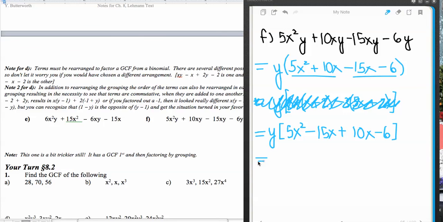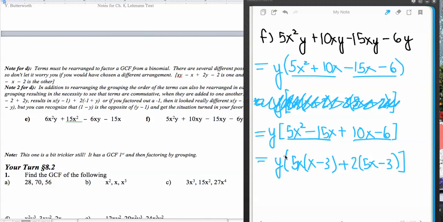Now I'll try it again. So write down the y, and out of these two, I'm going to take a 5x this time. And so that's going to leave me with a positive x and a minus 3. Now out of these two, I'm going to take a 2, so positive 2, and that'll leave me with a 5x and then minus 3. And geez, that doesn't do it either.